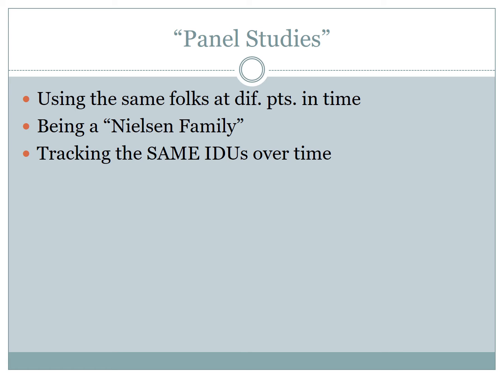Another example of a panel study would be if I were able to track injection drug users that I brought into a study at multiple points in time. That's a panel study.